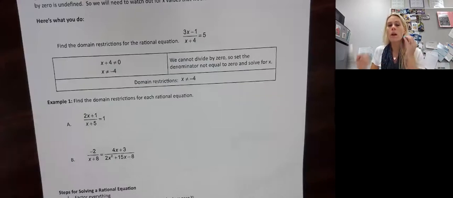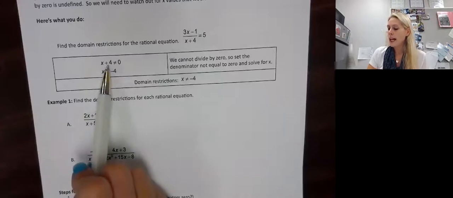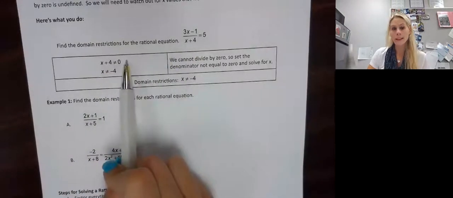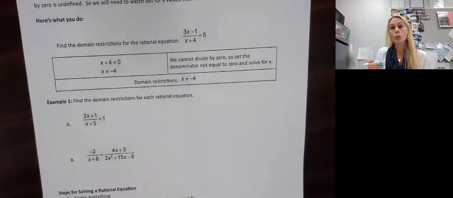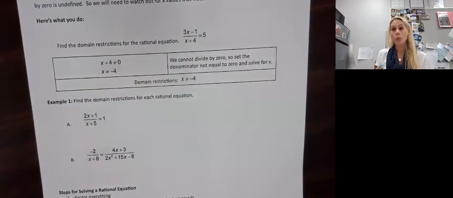So step one, find those domain restrictions. The way to do that is to set your denominators equal to 0. So if you have multiple denominators, you have multiple domain restrictions depending on what's in each denominator.